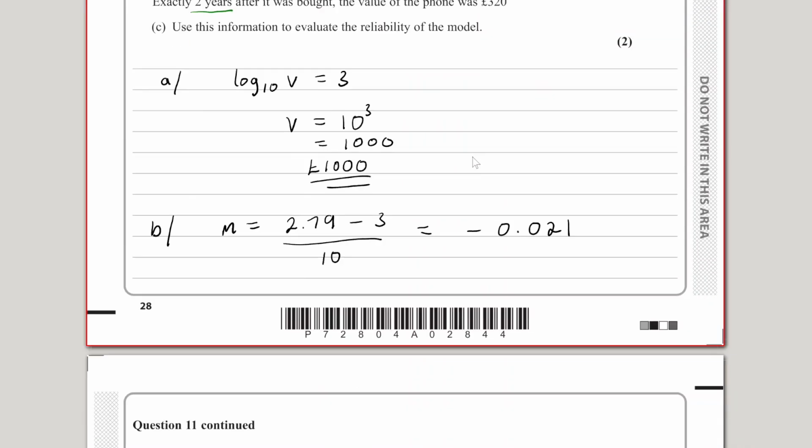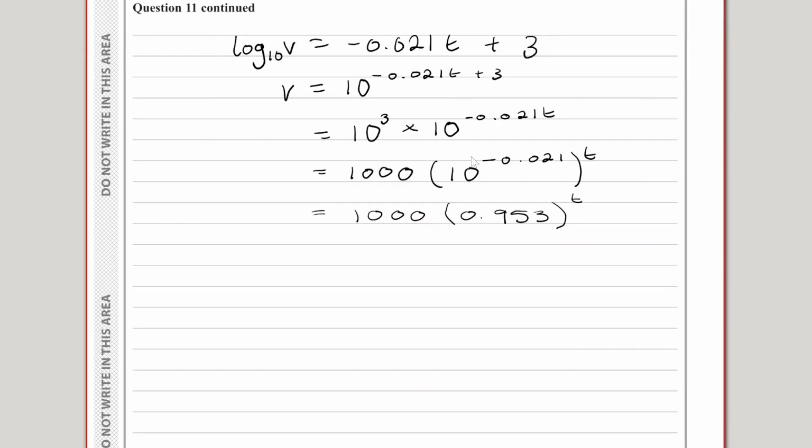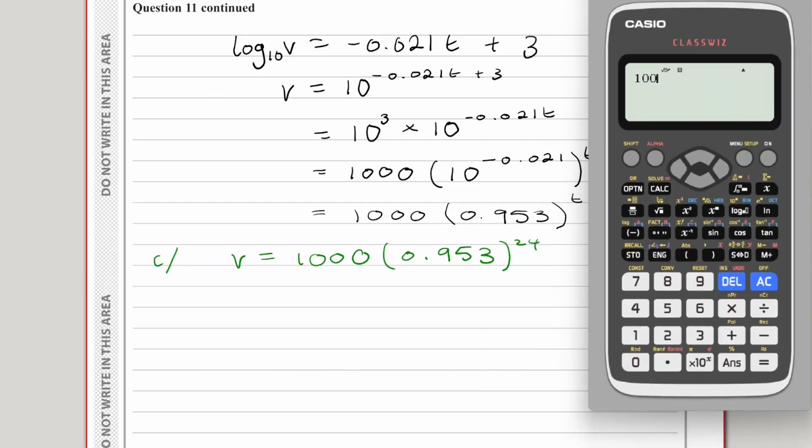So when t equals 24, what does the model think the value should be? So 1,000 times 0.953 to the power of 24 is £315.